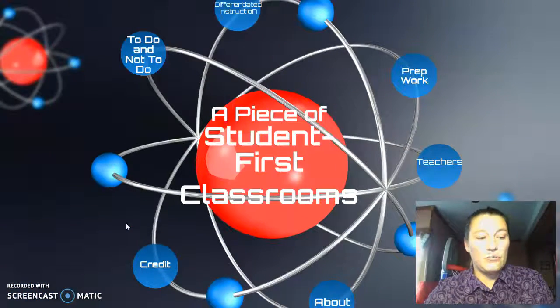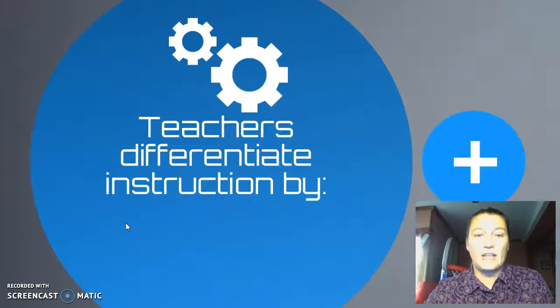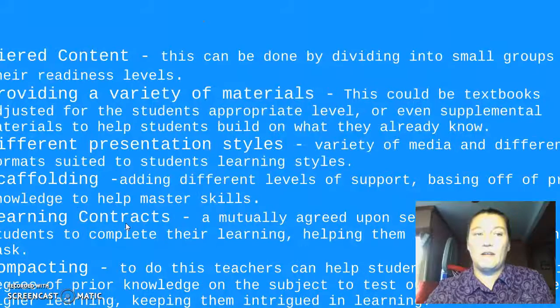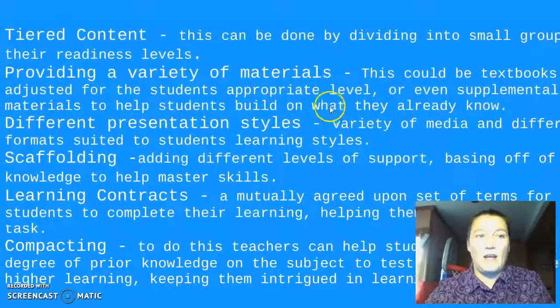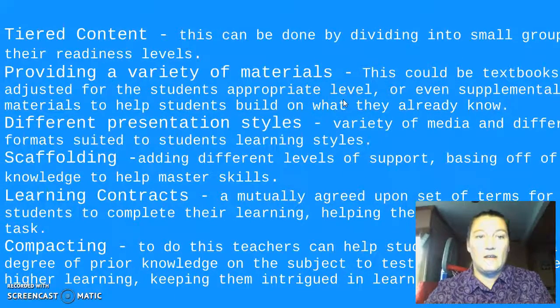The second question was, how do teachers differentiate instruction? They do this by tiered content, providing a variety of materials. This would be such as the textbooks that are adjusted for students' appropriate level.